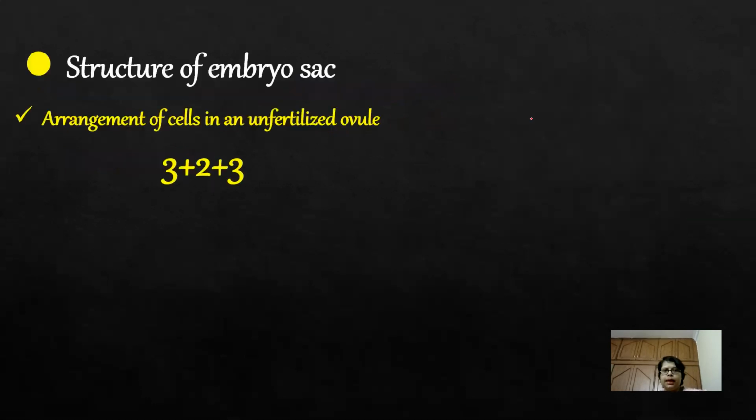Now we will learn about the structure of a matured embryo sac, where the arrangement of the cells in an unfertilized ovule will be in this order. Now let's see what this 3, 2 and 3 is all about. So let's draw a matured embryo sac.